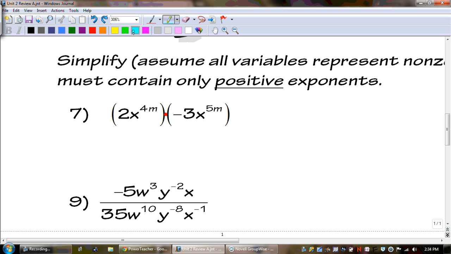And we need to multiply the coefficients, which are the numbers out in front. So 2 times negative 3 gives us negative 6. And then I have the same variables and exponents, so all I'm going to do is add the exponents. I know it looks weird because there's that extra variable attached to it, but 4m plus 5m is just 9m.